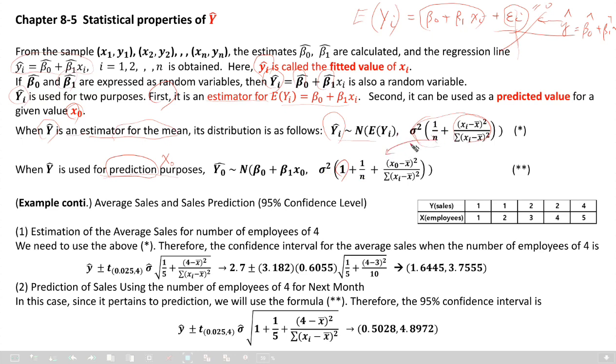The variance will be bigger. So prediction is, say, ambiguous, and the range of variance will be wider.